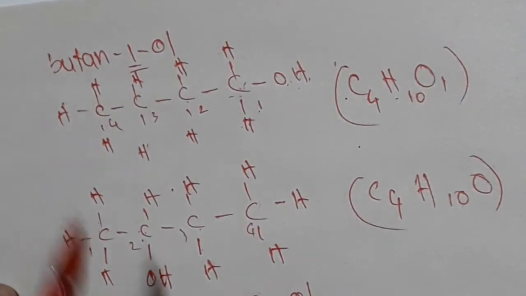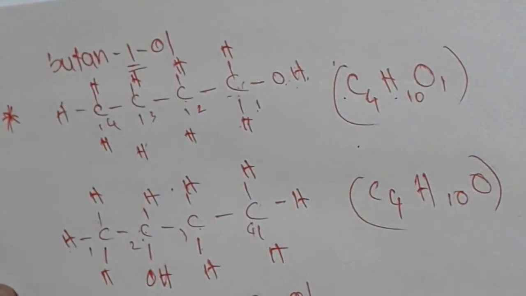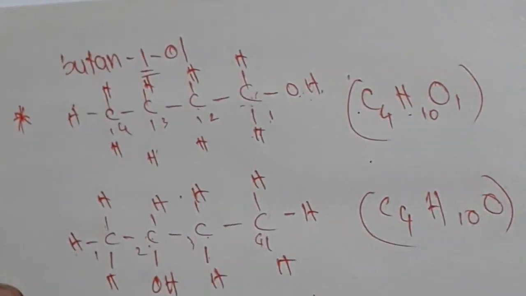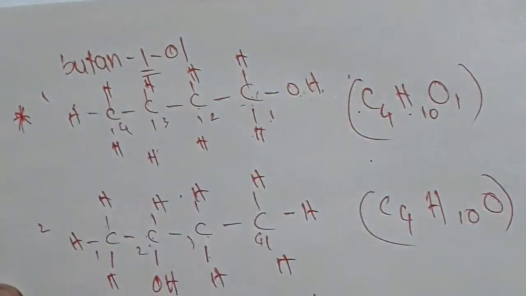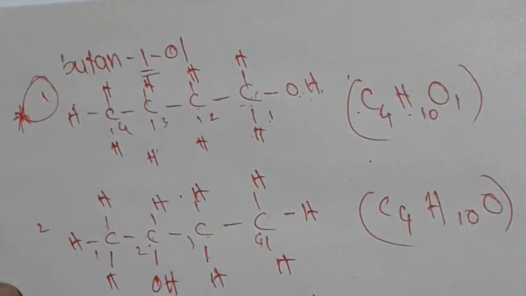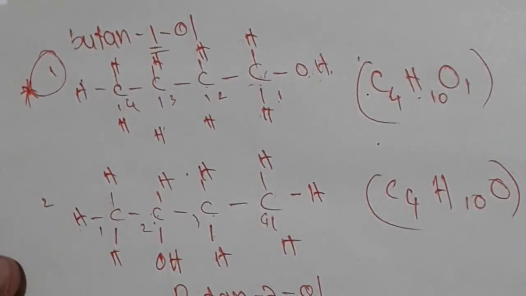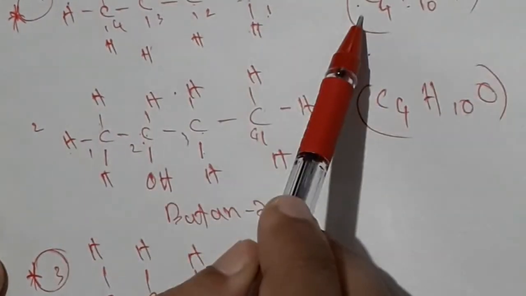Remember, first one and third one are not isomers, because here it is butane 1-ol.